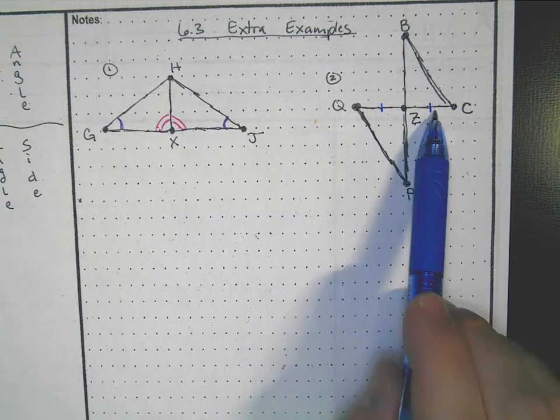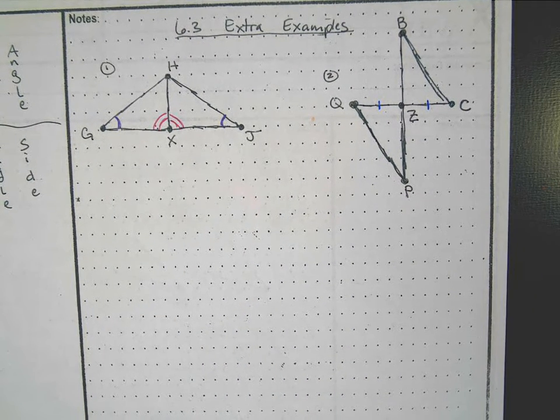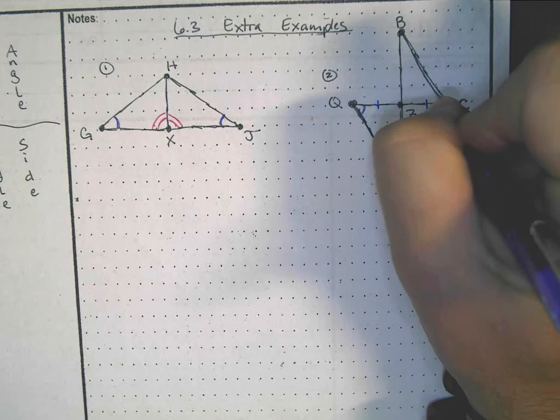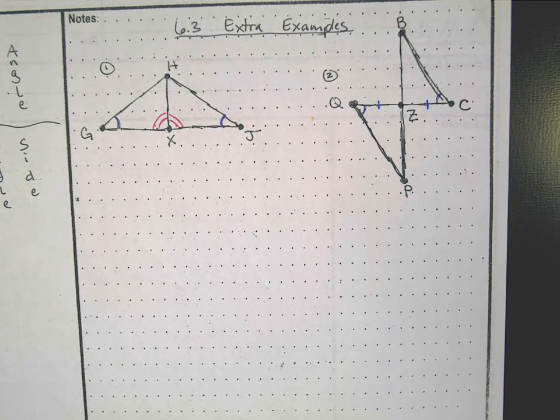So we're given that this side is congruent to this side, and we'll also be given that this angle is congruent to this angle, like so.